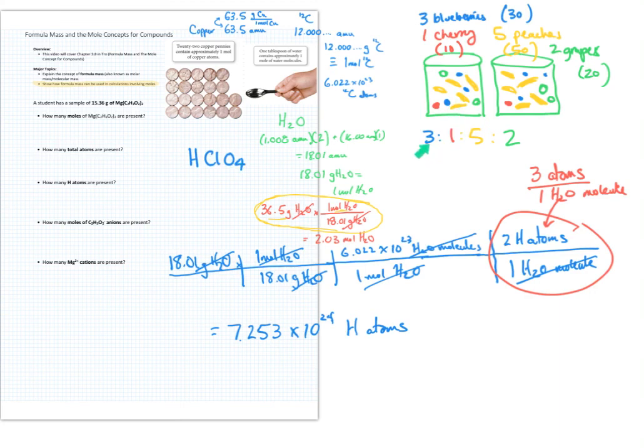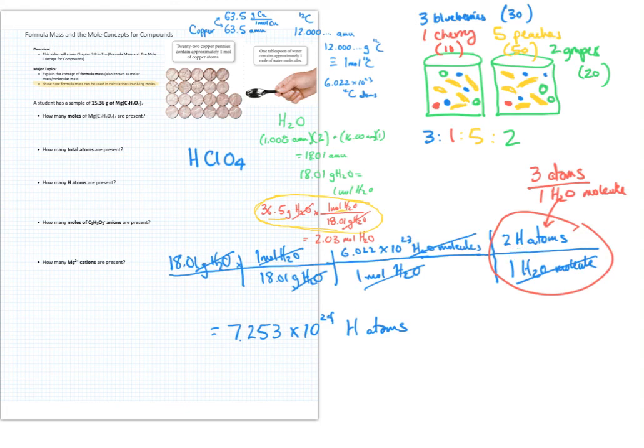Just like in these cans, we've got a 3 to 1 to 5 to 2 ratio. So no matter how many cans I have, I can just multiply it by that ratio to find out how many there are, and they're always going to be in the same ratio. These are always going to be in the same ratio with one another. So that last step then allows you to convert from molecules into atoms, or specific atoms like hydrogen atoms.